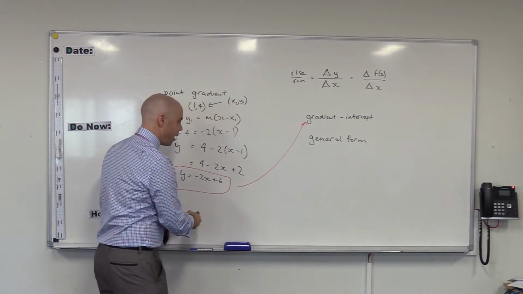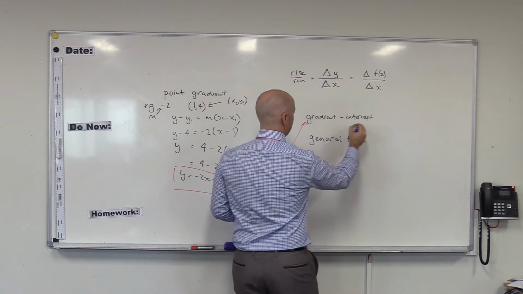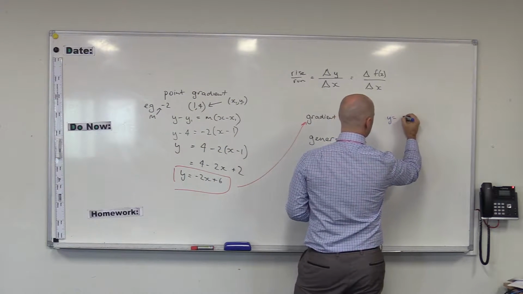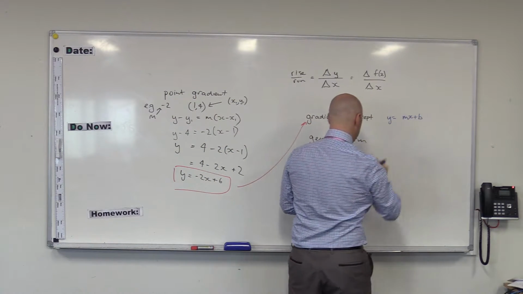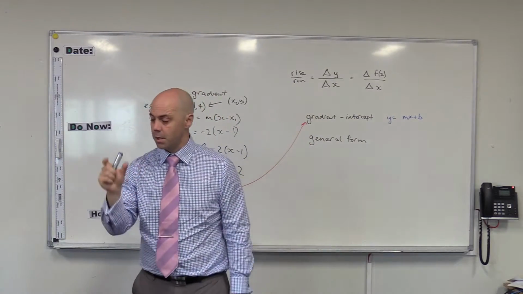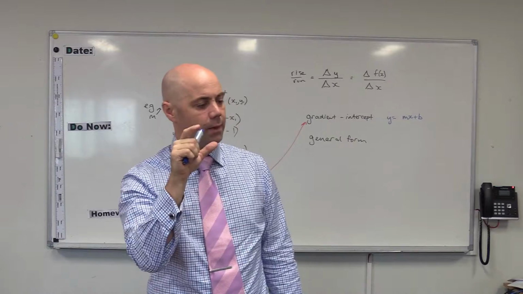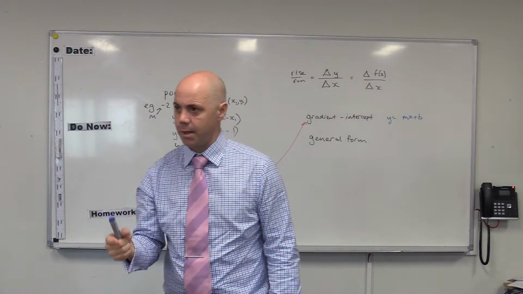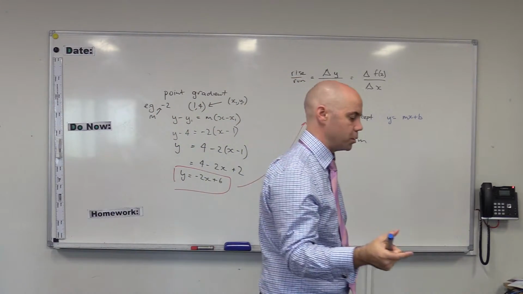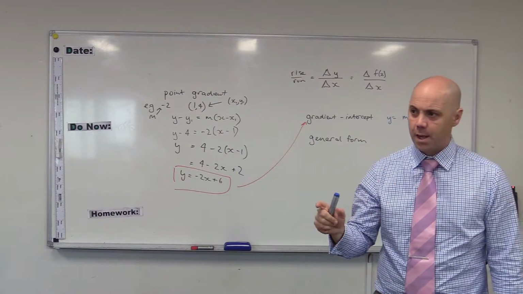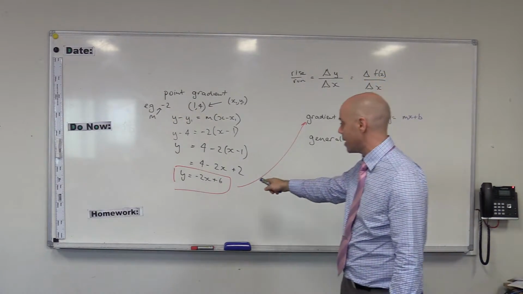Where we have y equals mx plus b. So we're going to have a y by itself as a positive pronumeral, and we have the x term multiplied by the gradient, and we have a constant term, that's just a number term on the end, can be plus, can be minus, in this case it is plus.